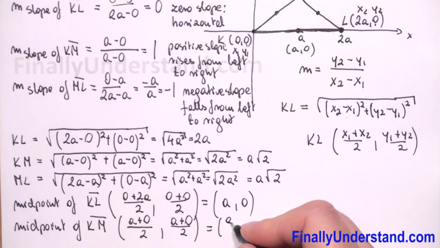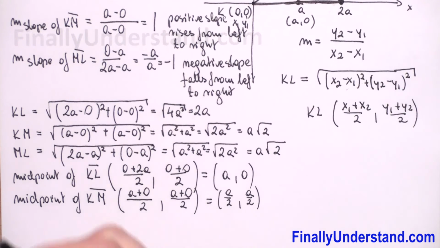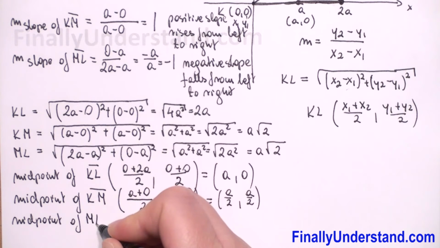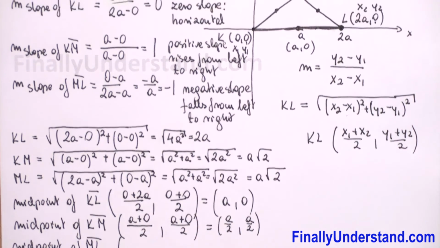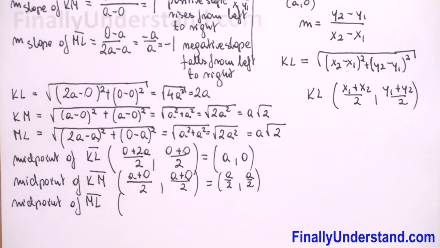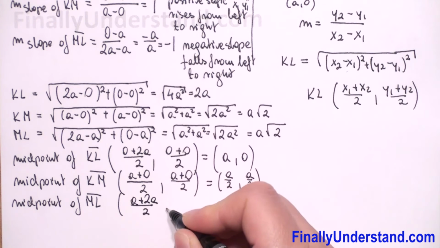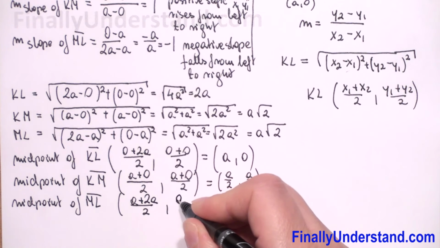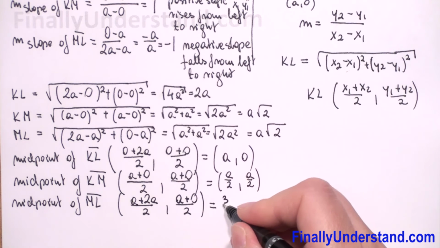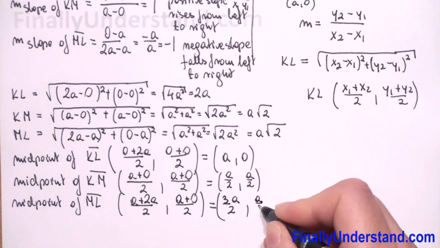So this is equal a over 2 and a over 2. And the last midpoint of ML segment will be, first we have to add x coordinates, so this is a plus 2a over 2 and a plus 0 over 2. So this is 3a over 2, first coordinate, and the second is a over 2.